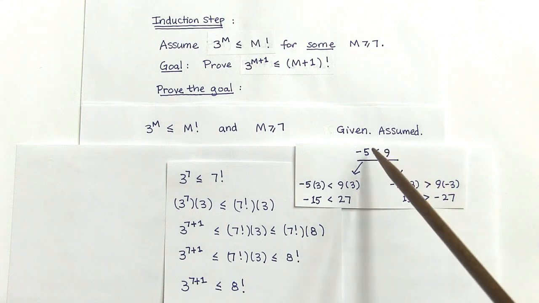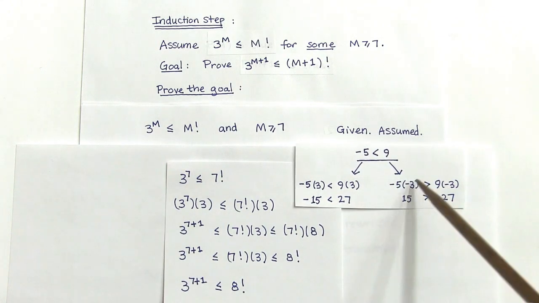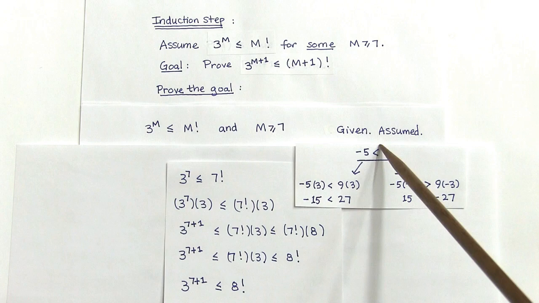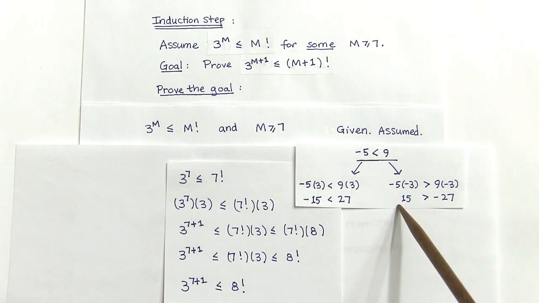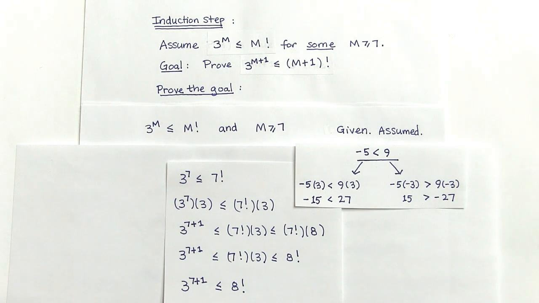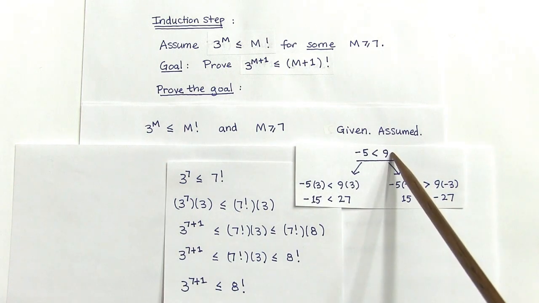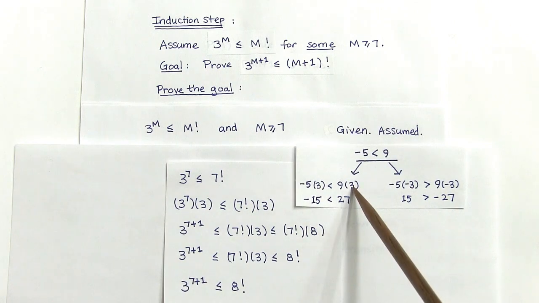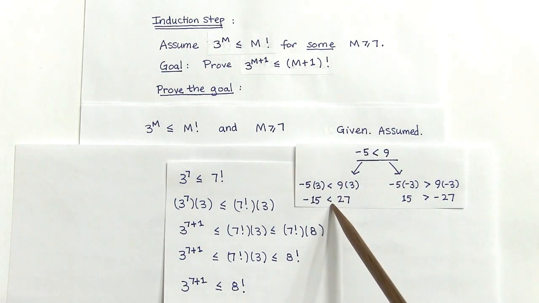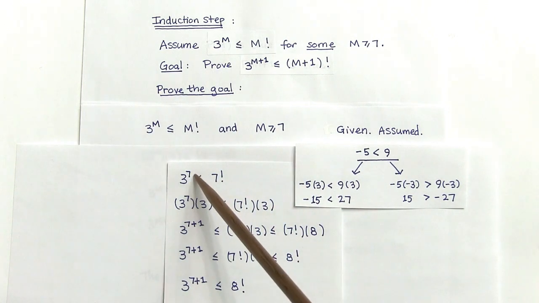But if I were to multiply both sides of this inequality by -3, then you see that the direction of this inequality gets reversed, because 15 is greater than -27. And this order axiom always works this way. So if I have a correct inequality, if I multiply both sides of that inequality by a positive number, then the direction of the inequality remains unchanged. And that's the principle that I'm applying here at this step.